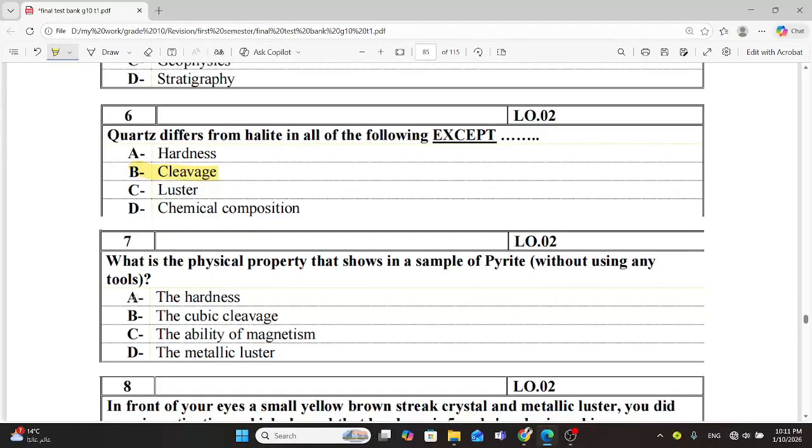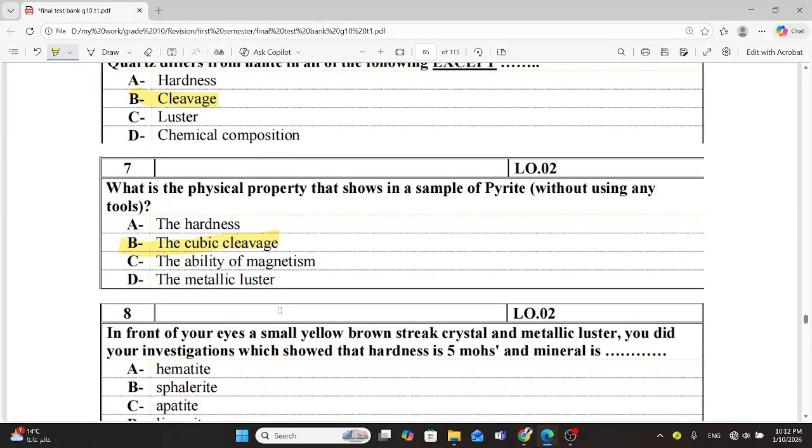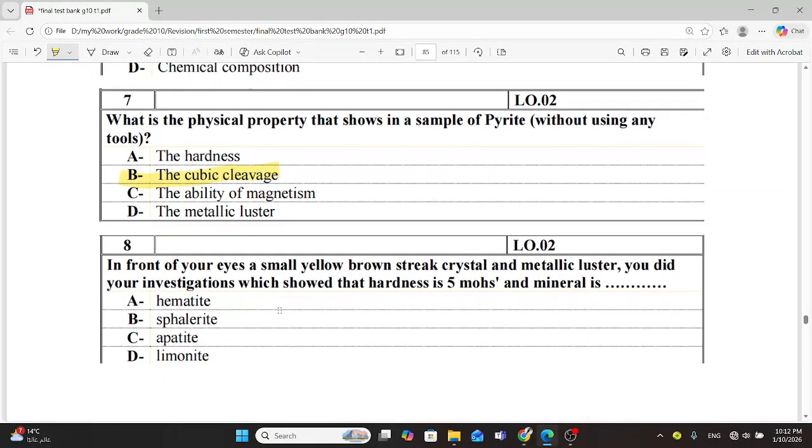Okay, the cubic cleavage is what will show it to you. In front of your eye, a small yellow brown streak crystals and a metallic luster. You did your investigation which showed that hardness is 5 Mohs and the mineral is apatite.